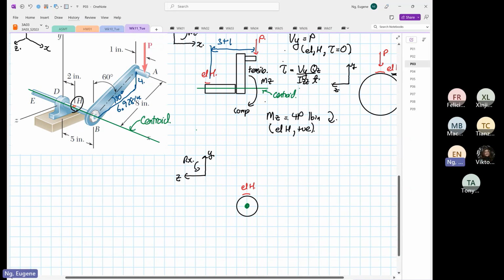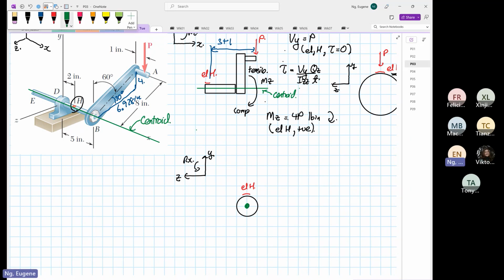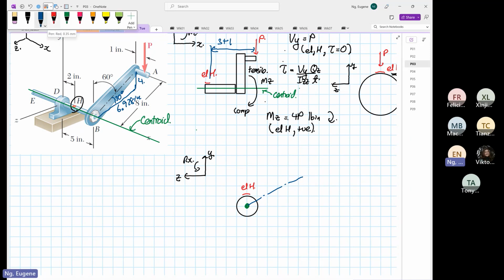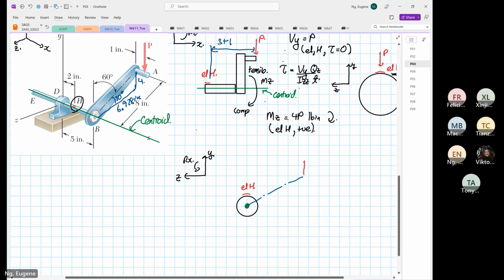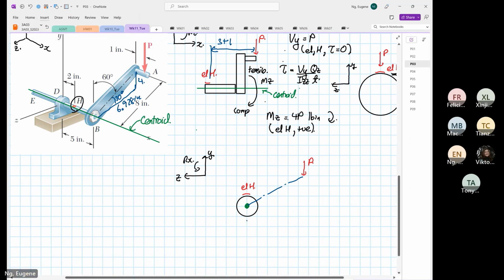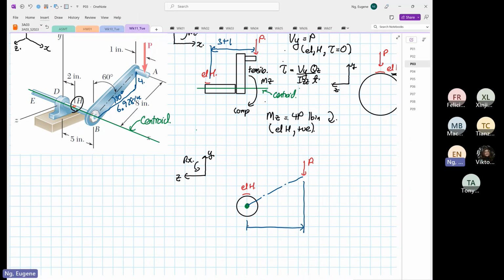Then at 30 degrees, we have an applied force coming down, P. For this case, there's a perpendicular distance over here, and we did calculate this perpendicular distance.